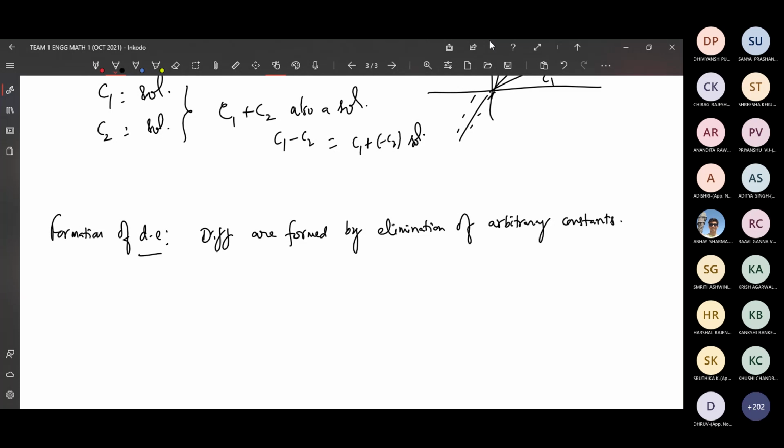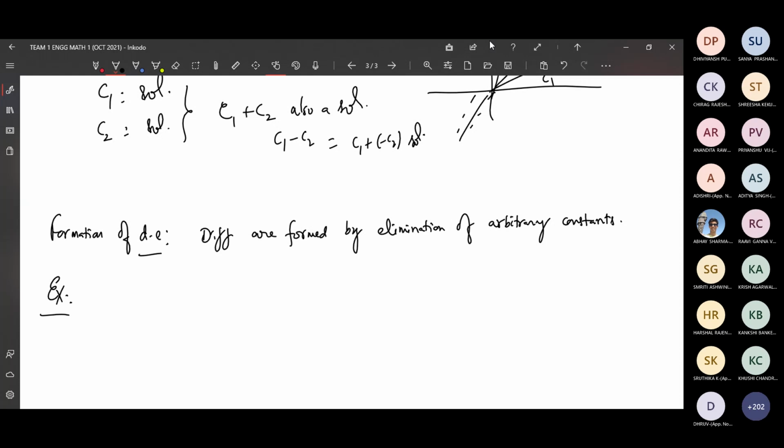So to eliminate arbitrary constants, we require two or more equations besides the given relation. Of course, in that case, we need to form either a second order differential equation or a first order differential equation, so that the constants will be eliminated. But rather than explaining that part, let us see the example.